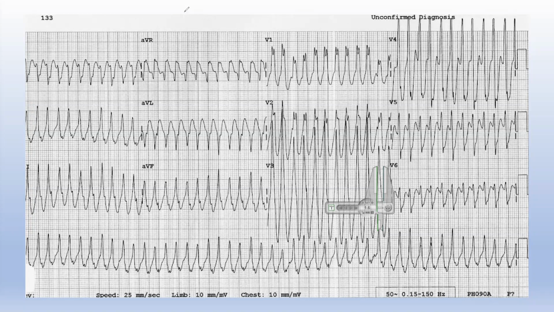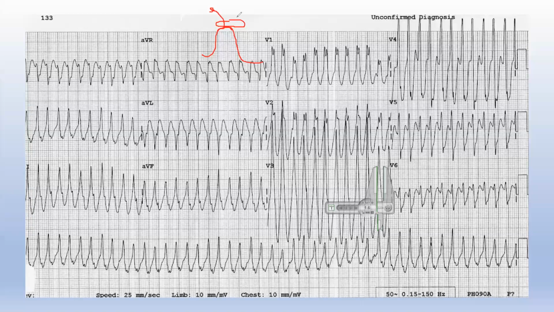So if this were the AV node, and we know that these are the bundle branches that go down the right and the left, right? Usually impulses come from the atria, traverse the AV node, and go through the bundle branches, the right and the left side.